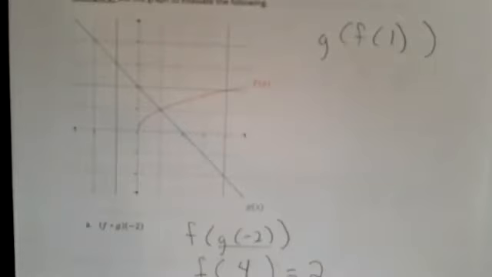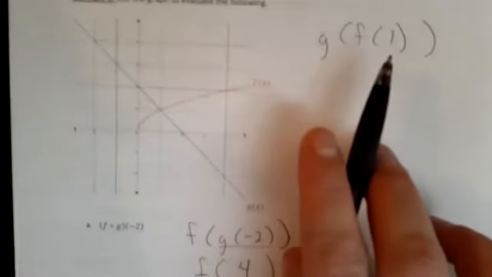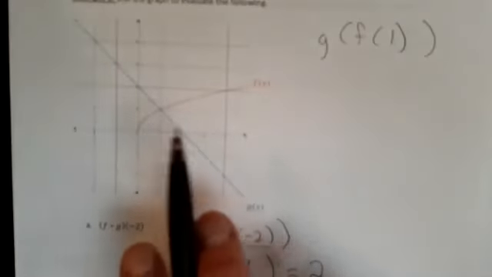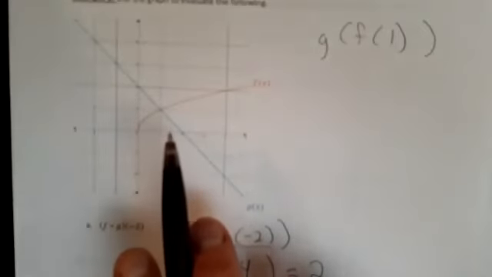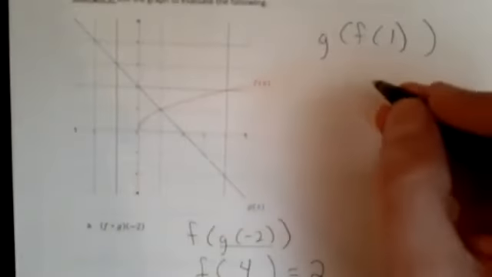So, G of F of 1. If I look at this and I write out the definition, the first thing I see inside here is F of 1. So the 1 in here represents an X value. So I come along here to my 1 X value. I look at my F. F of 1 is going to give me 1.